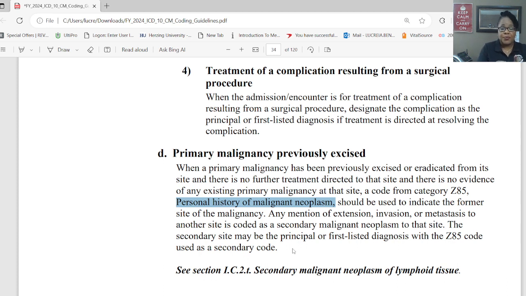If the cancer does spread, if there's another site with a neoplasm and it becomes the secondary site, we cannot say that the primary site is the breast because the breast isn't there. But they're coming in for treatment of that secondary site. Then we code that secondary site as our principal or first listed diagnoses, but we also need to identify that they have a personal history of a malignant neoplasm and identify where it was. Okay, so that's D.